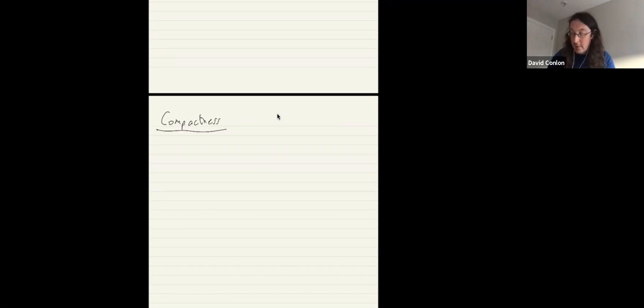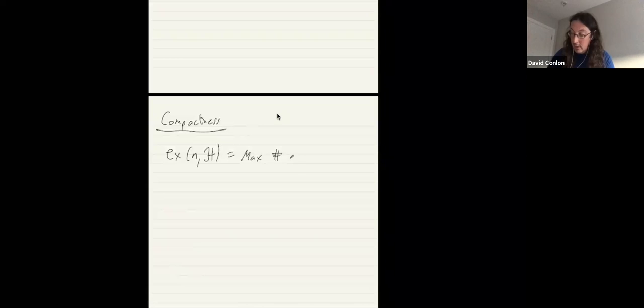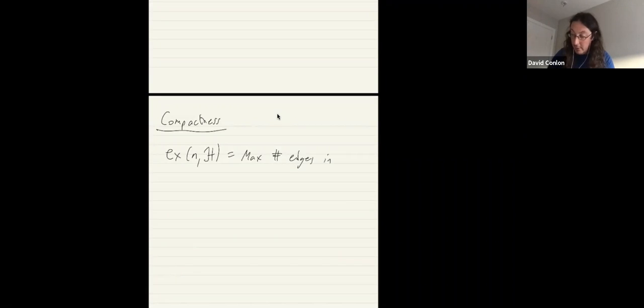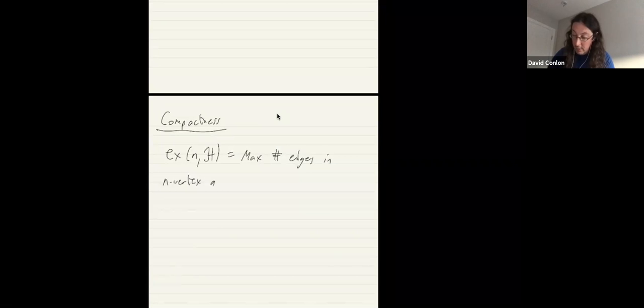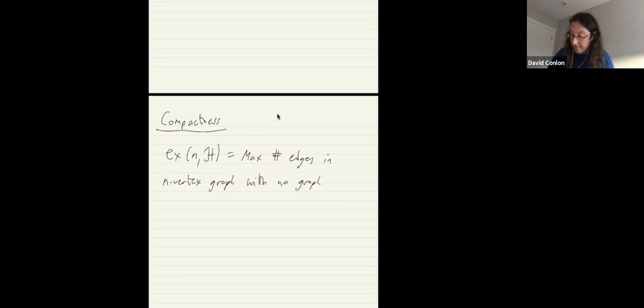The compactness conjecture there says if you define the extremal number of a family of graphs to be the max number of edges in an n-vertex graph with no subgraph from this family H, then the compactness conjecture says that if I have two graphs H1 and H2, then the extremal number of that family should be basically theta of the minimum of ex(n, H1), ex(n, H2).